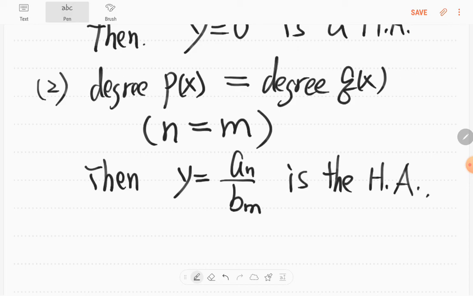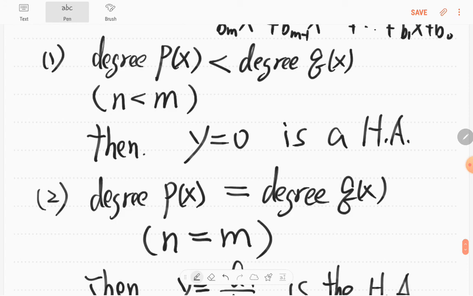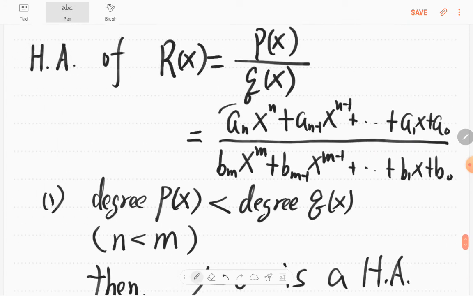So what are a sub n and b sub m? A sub n is the leading coefficient of the numerator. B sub m is the leading coefficient of the denominator, right?